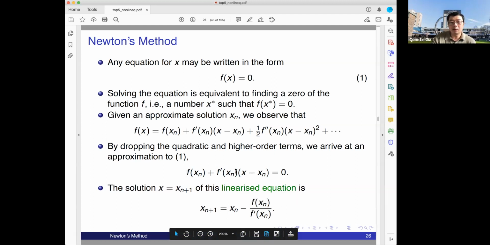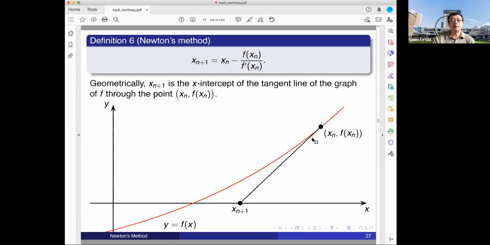It's just the consequence of rearranging this equation. And this is exactly the picture: you start at the point xn and draw a tangent line, let it go down to the x-axis, and we get xn plus 1. That is the Newton method.